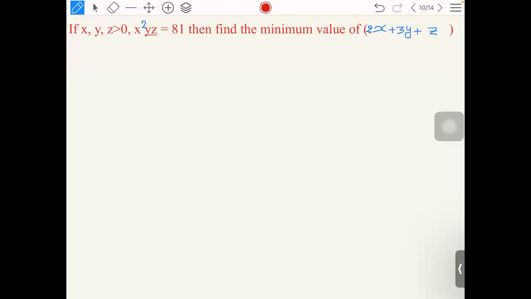This is a reverse type of question. Apply the same concept.